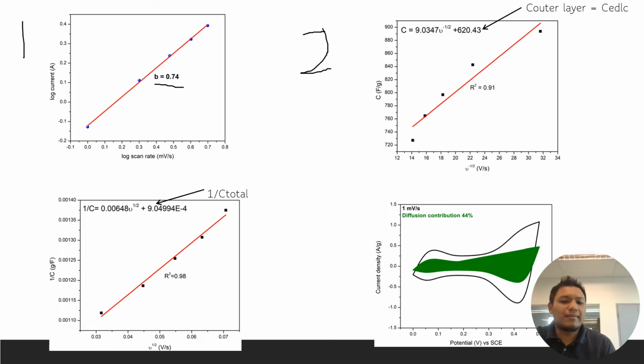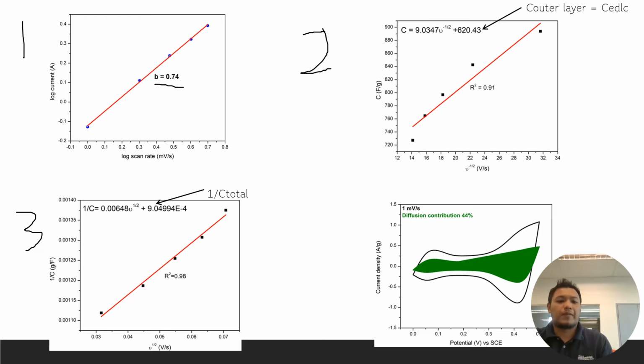The third graph will teach you how to get that value, but it's not straightforward. This third graph will help you get the total capacitance your material can achieve at a certain potential window. Here the y-axis is 1 over C and the x-axis is scan rate power half.